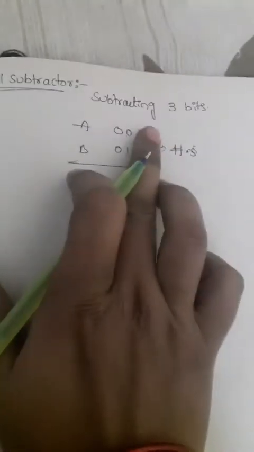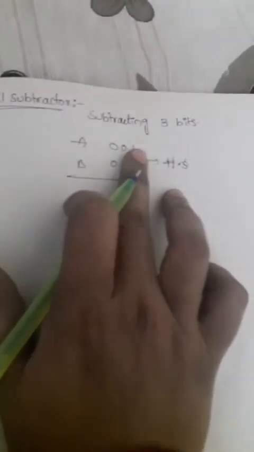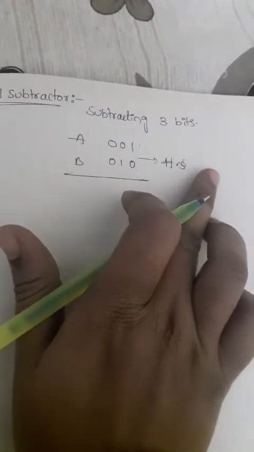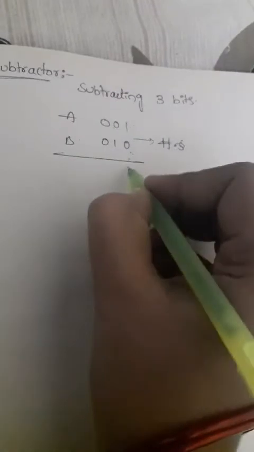So we do the subtraction of b from a. Just observe, 1 minus 0 is nothing but 1 directly.